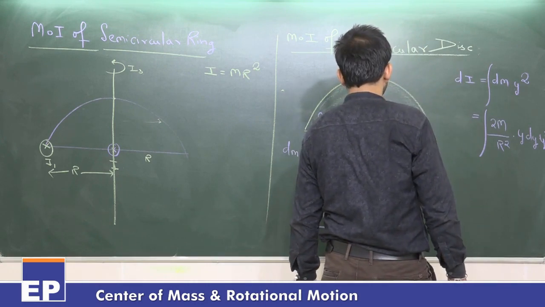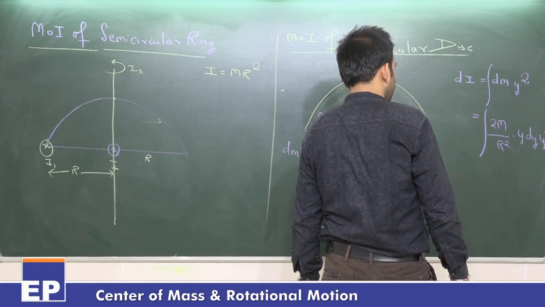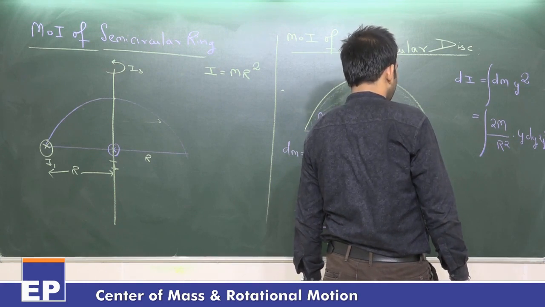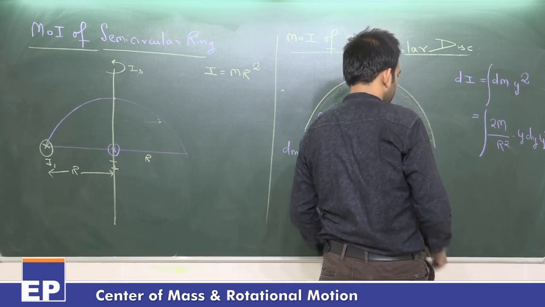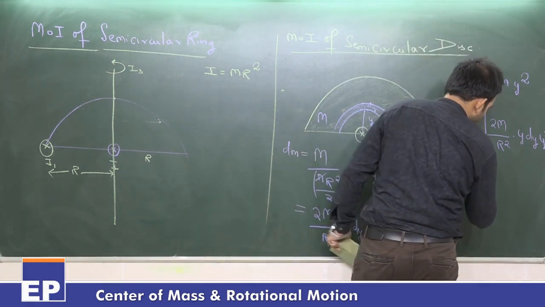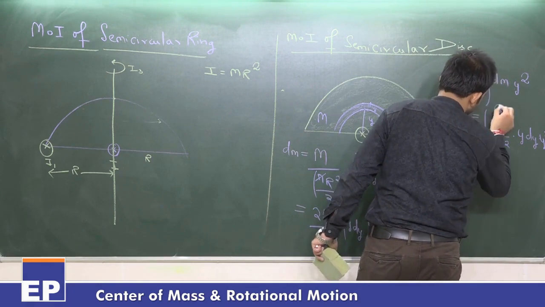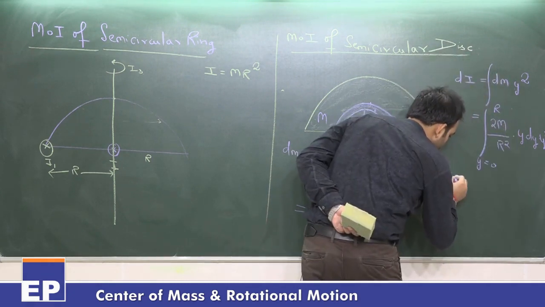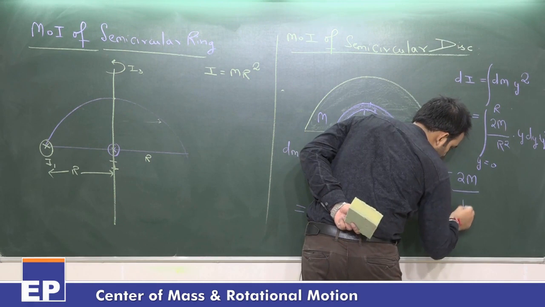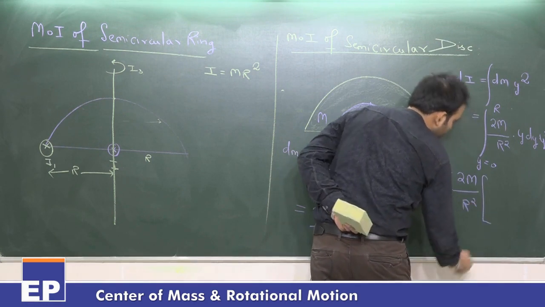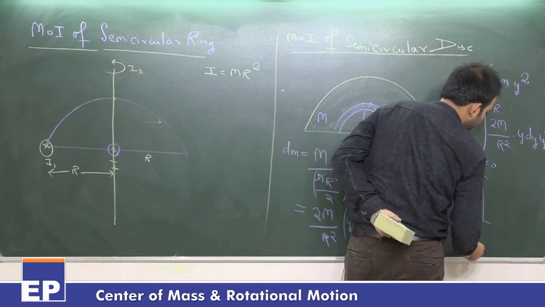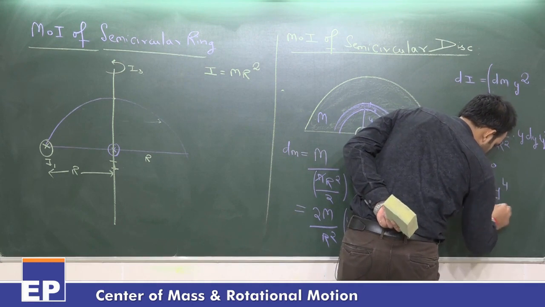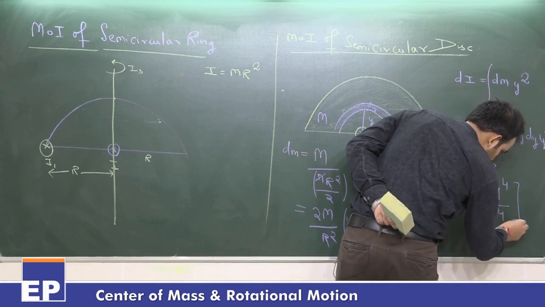dm into y square, right? So dm is 2m by r square, and y is varying from 0 to r. 2m by r square is common. Now for y, it is y cube, and the integration is y raised to 4 by 4, from 0 to r.